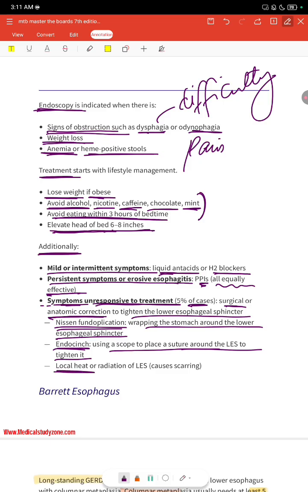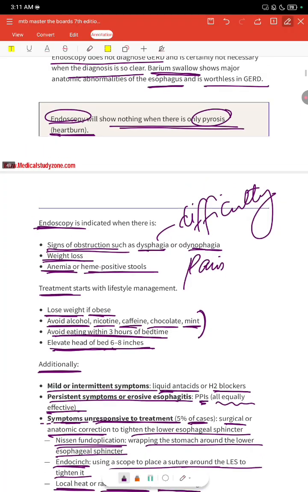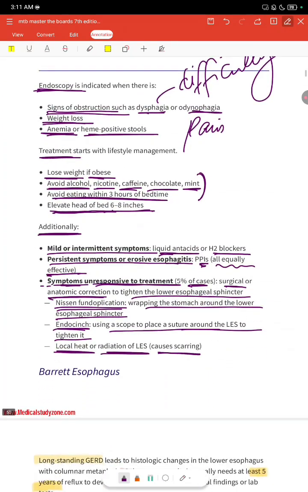You can give local heat or radiation to the lower esophageal sphincter, which will cause scarring, and it will then not relax so easily to let acids out of the stomach into the esophagus. So these are the options.